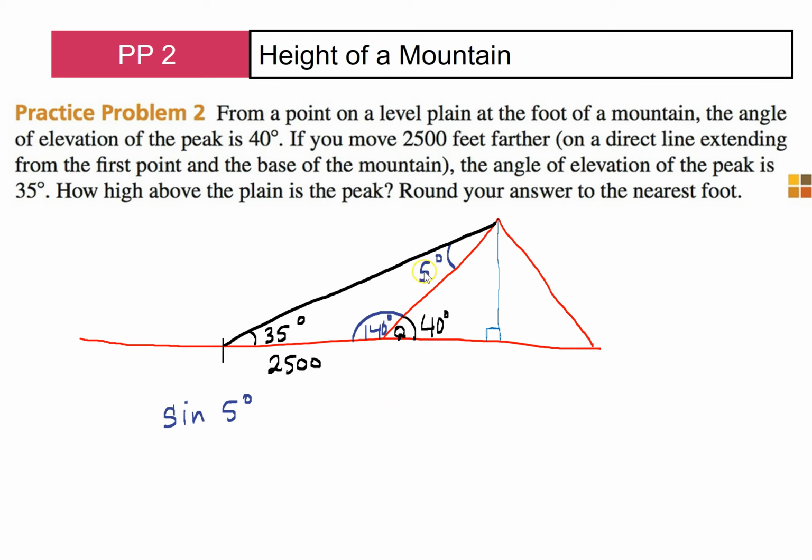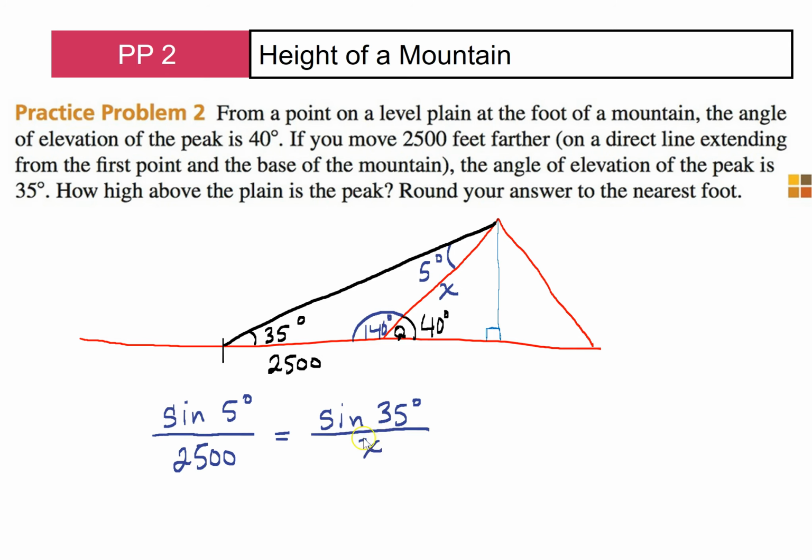So sine of 5 degrees corresponds to 2,500 feet. And the sine of 35 degrees is going to correspond to x. And x is this one right over here. This is what I'm going to shoot for. Again, it doesn't matter which one you wanted to shoot for. If you got this big black line here, then you still could do the same thing and get the height. All right.